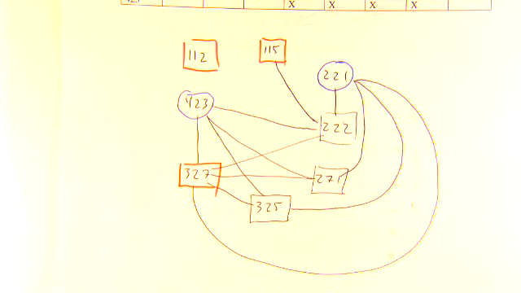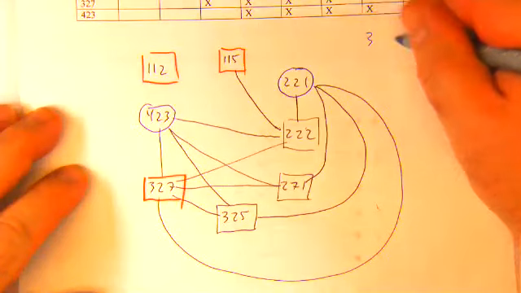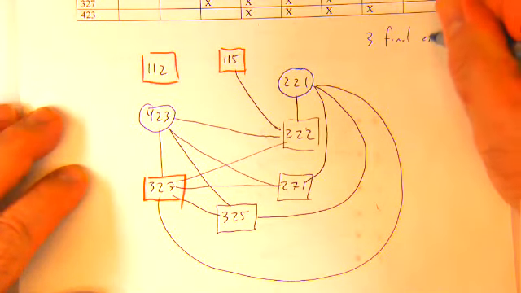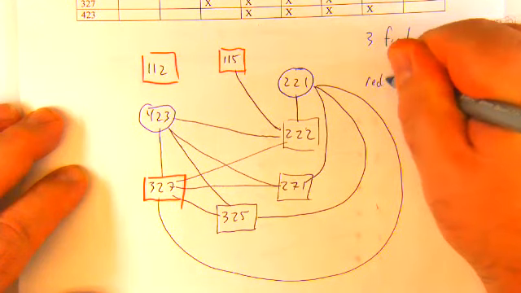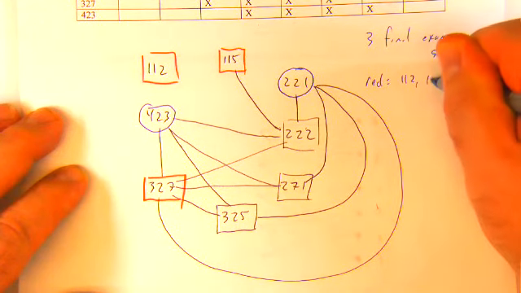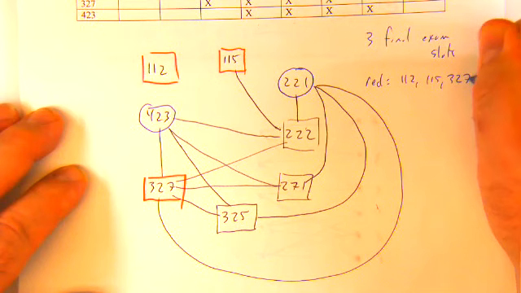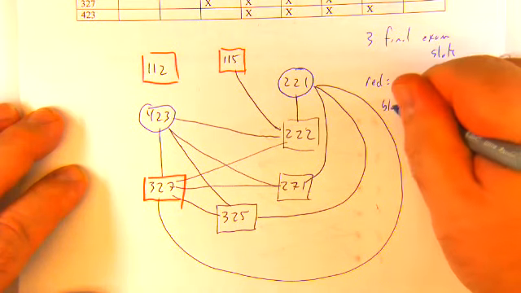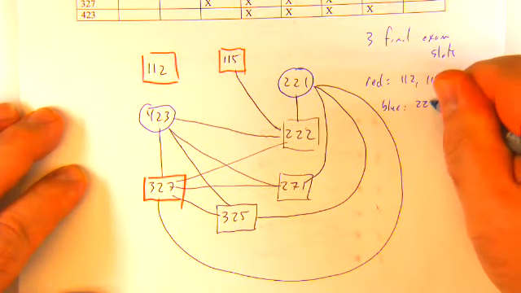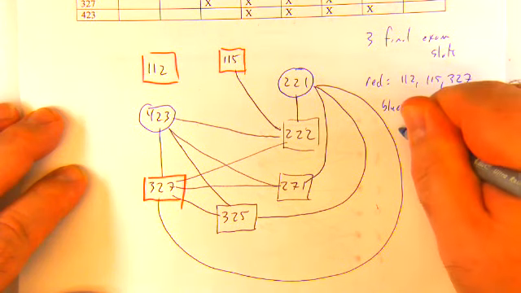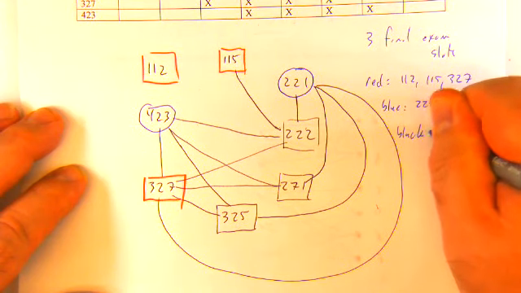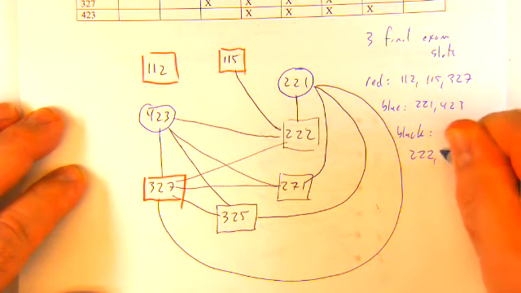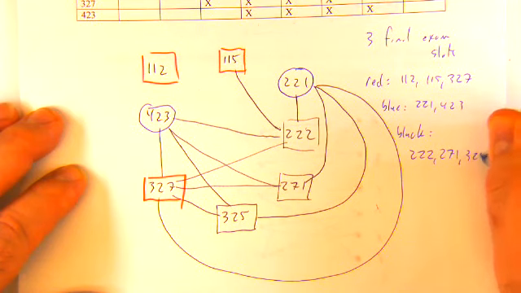So we can have 3 final exam slots. Call it red, that's 112, 115, and 327. Blue, 221 and 423. And then black, the other 3 courses, 222, 271, 325.